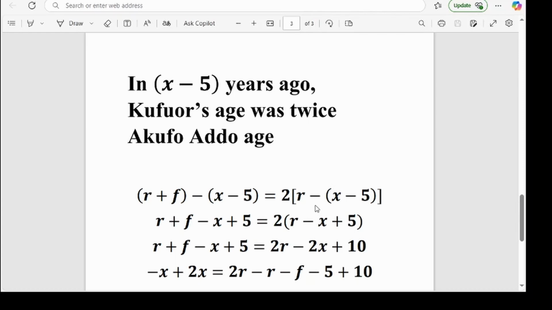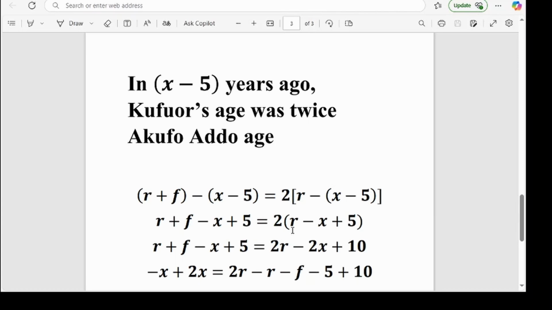Just as on the other side, there's an invisible 1 standing just by the minus sign here, right? So negative 1 multiplying S is negative S. Negative 1 multiplying negative 5 will be positive 5, right? So therefore we are going to get 2 in brackets R minus S plus 5. So we have formed the bracket expression here.